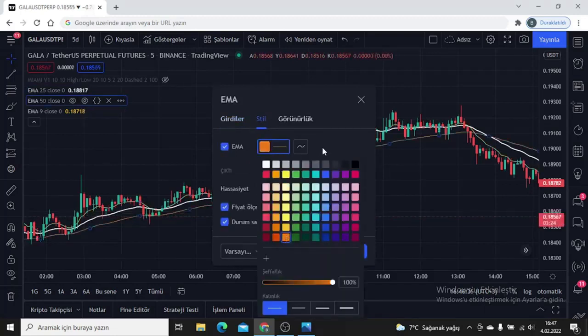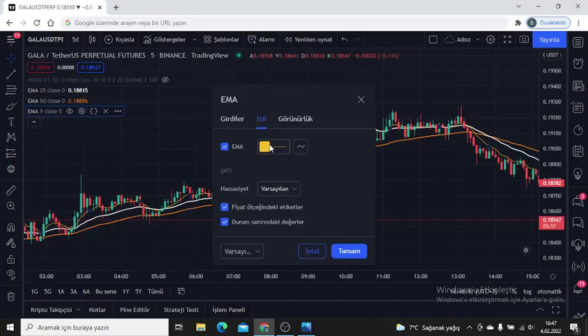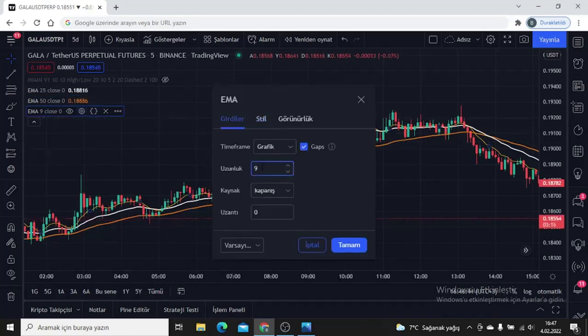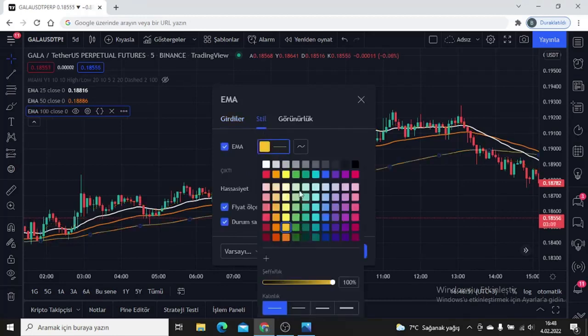Then the 100-day moving average. Let's make the color blue. I'm making the line a little thicker.